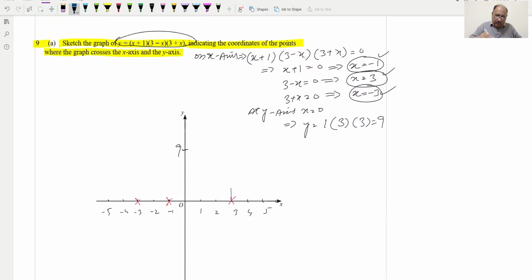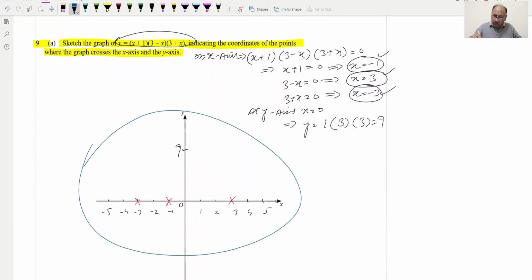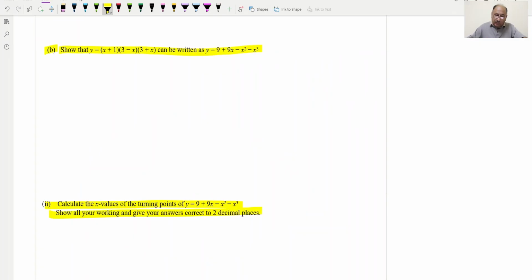For this part they are looking for this section only, that's all. For the next section we have to find the maximum and minimum points, which we will discuss. The B part is to show that this can be written in this format, and the C part is the maximum and minimum turning points, and we will be discussing that portion in the C part. First we will show this, then in the C part we will discuss the maximum and minimum.